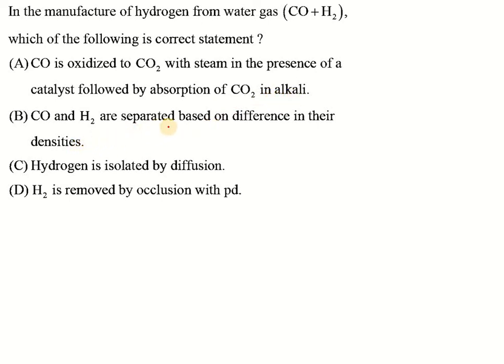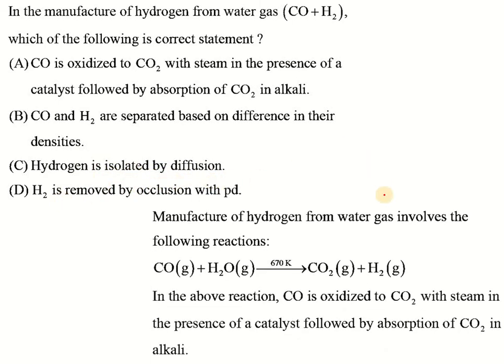CO and H2 are separated based on difference in their densities. Hydrogen is isolated by diffusion. H2O is removed by occlusion. See, in this one, about the reaction, CO is oxidized to CO2 with steam in presence of a catalyst followed by absorption of CO2 in alkali. That is the right statement.